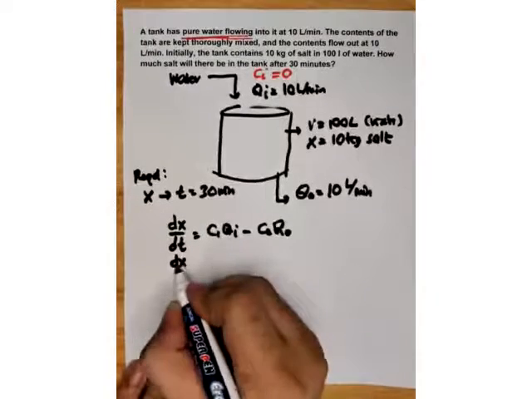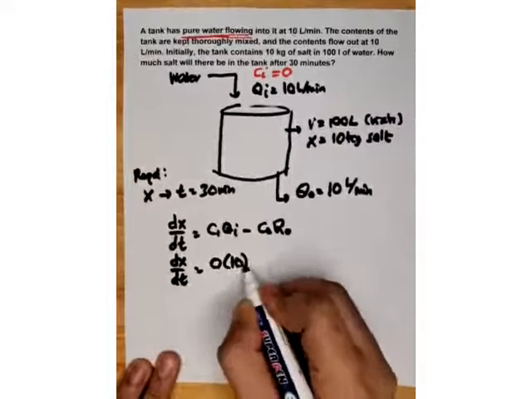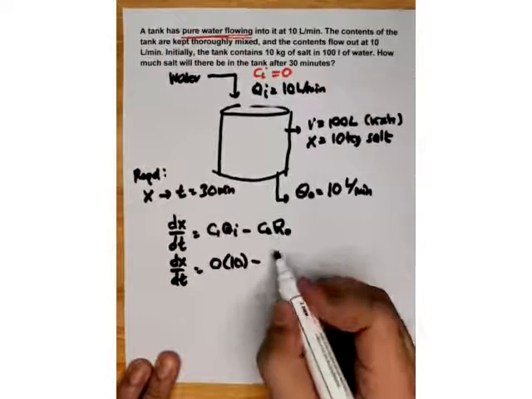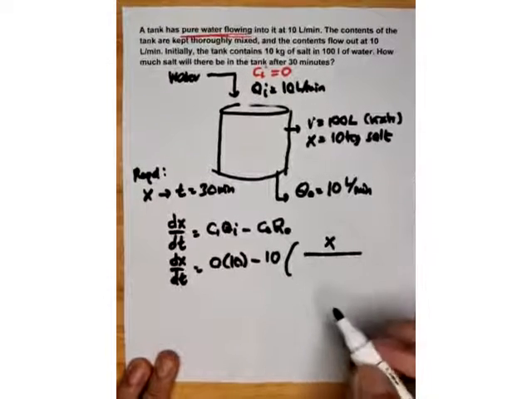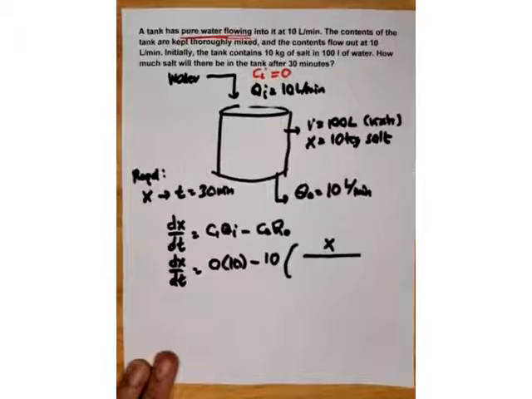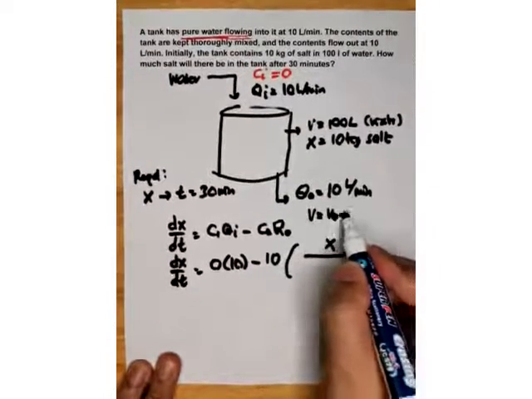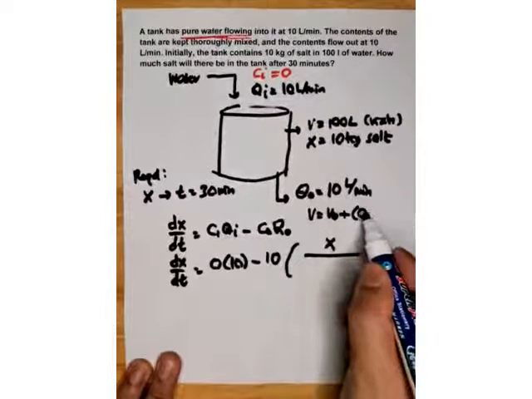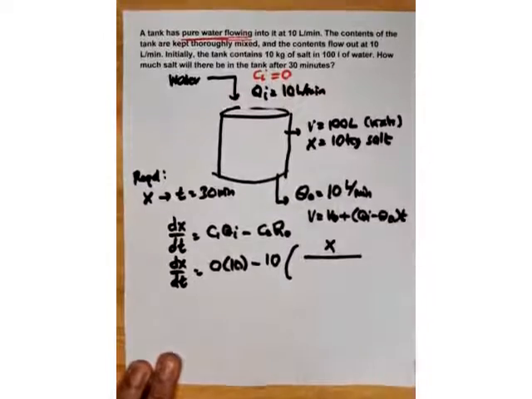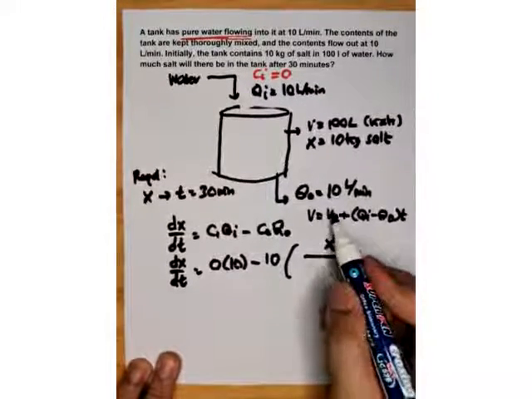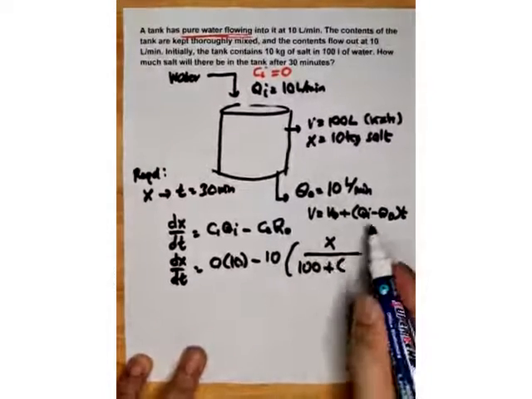dx over dt is equal to 0 times 10 minus QO is 10 times x over, okay, so what's our V? So remember, V is equal to V0 plus QI minus QO times t. So ano ang initial V natin? So initial V natin ay 100 plus ano yung QI natin?